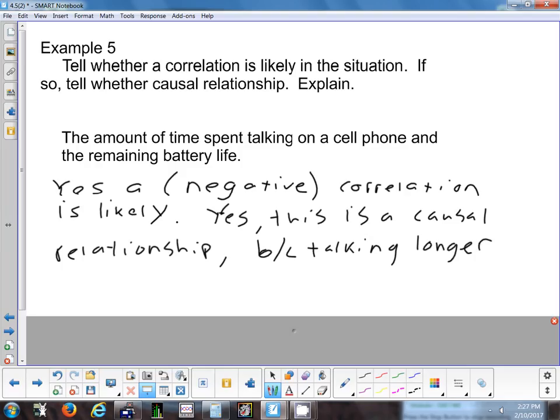Okay, assuming it's not plugged in, nothing like that. Talking longer guarantees. So you want to put that word guarantees in there. Guarantees a decrease in battery life.